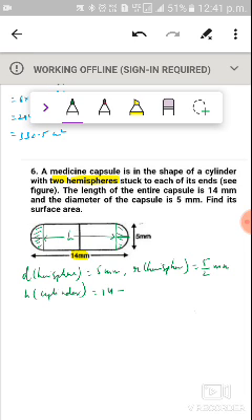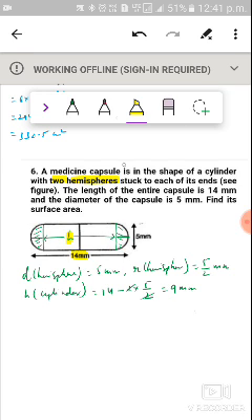So these both are radius of the hemisphere. So 14 minus 2 into radius of hemisphere, that is 5 by 2. So 2 cancel, 14 minus 5 is 9 millimeter. So the height of this cylindrical part is 9 millimeter.